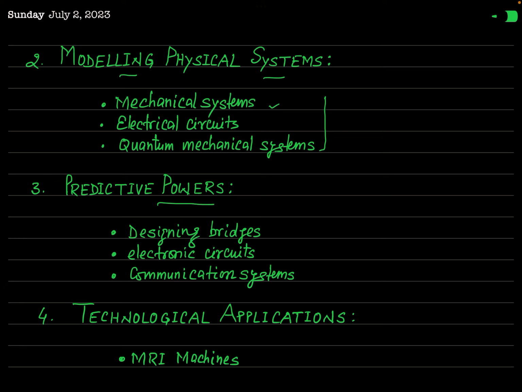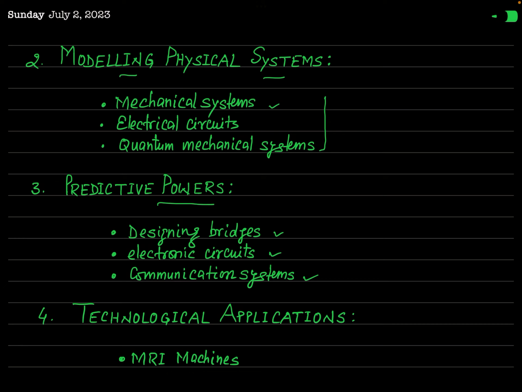This predictive power is essential for engineering applications such as designing bridges, electronic circuits, MRI machines, and communication systems. Okay. So, in predictive powers, the study of waves and oscillation plays a very important role.